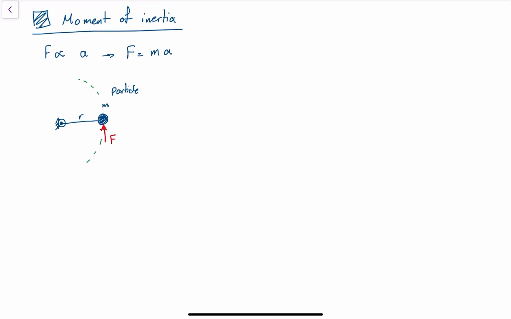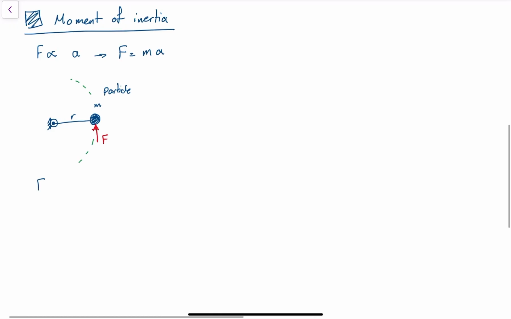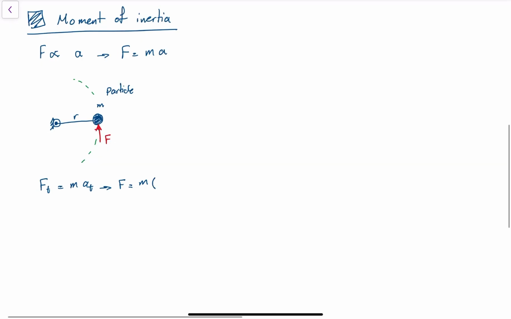Let's study the motion of the system. I know that in the tangential axis, forces in the tangential direction equal mass times tangential acceleration. My entire force, the only force, is in the tangential direction. So I can write F equals mass m times tangential acceleration.